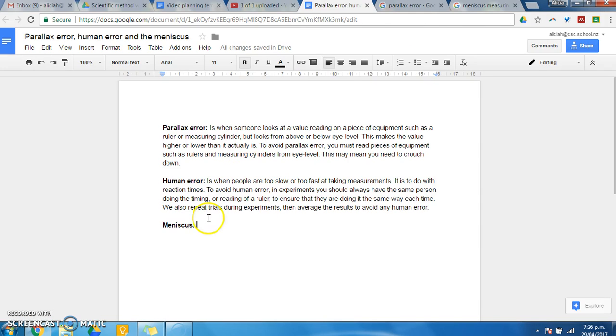So, back to our notes, meniscus is the lowest point of the liquid when measuring that liquid. So that's where you must measure from. Alright, hopefully those words have helped. These are the things to consider when you're talking about how you keep your results accurate and reliable.